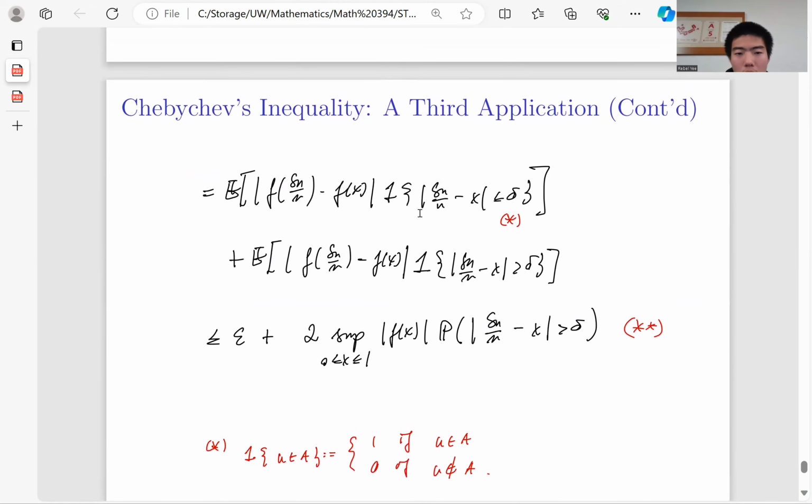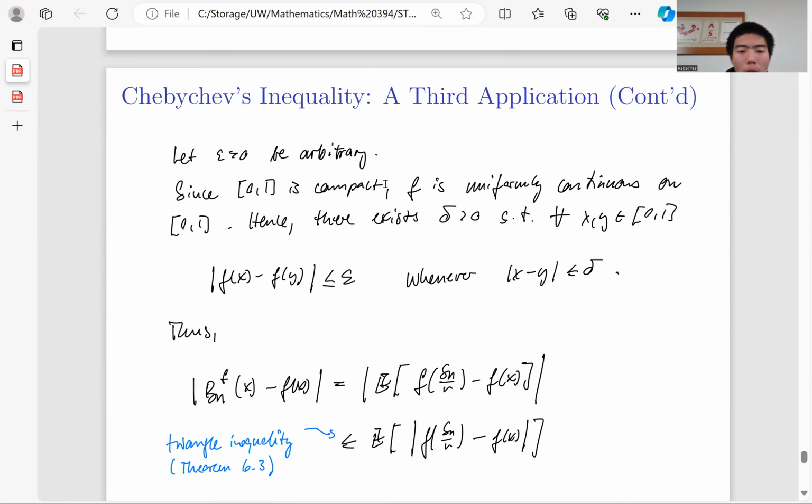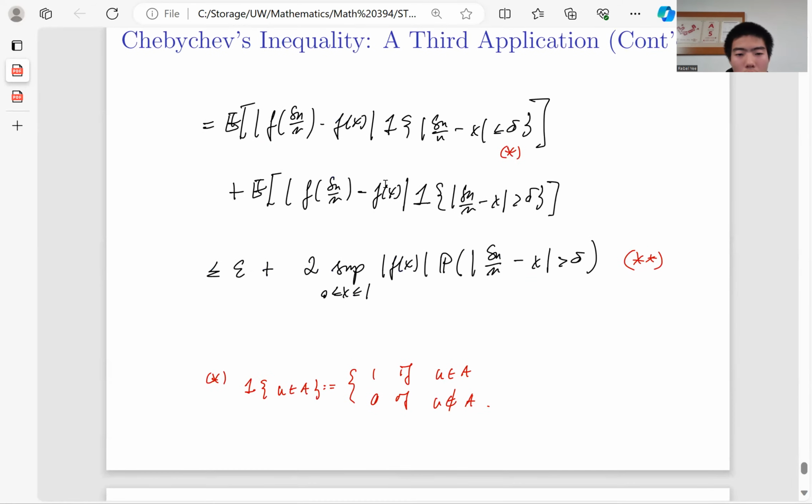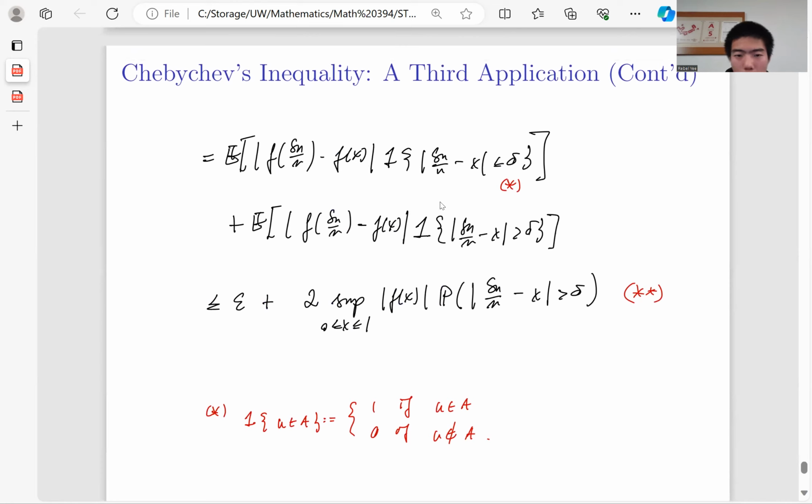So the first term is smaller or equal to epsilon by our finding above. For the second case, because we're separating these two terms out, the first term is where |Sn/n - x| is smaller or equal to delta, but the second term is larger than delta. So that covers all of the possible cases. That is the magic of the indicator function.